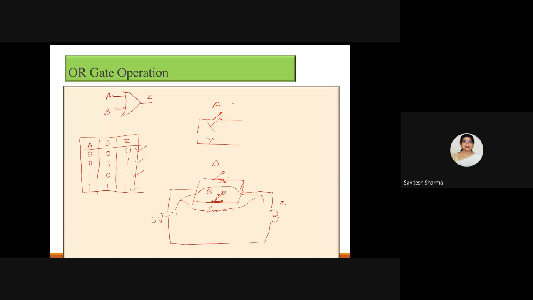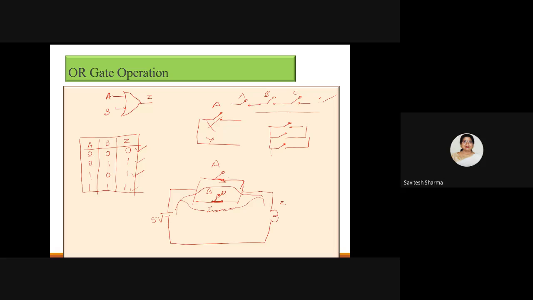If you have more than 2 inputs, you arrange multiple switches depending on the number of inputs. If there are 3 inputs, you arrange 3 switches; if N, you arrange N switches in series for the AND gate. If you have a three-input OR gate, you arrange the switches in parallel.